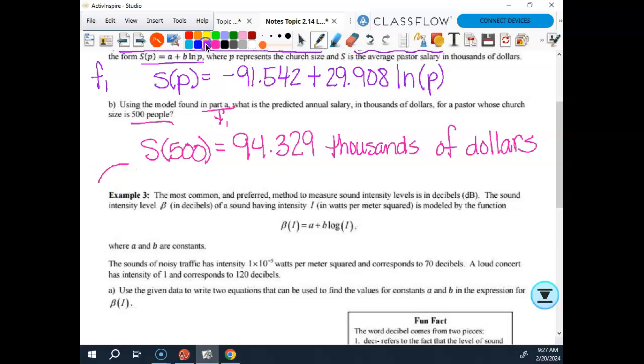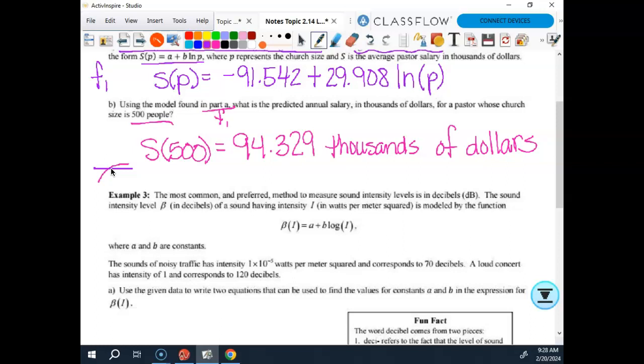If I give you the salary of 94, you would put in 94 for F2, and then look to see where they intersect to find that X value. So if they give you the X value, you go to the calculator. If they give you the Y value and want the X value, that's when you have to go to the graph. Remember doing those? We're just trying to keep it all fresh in our little brains. Any questions about those?